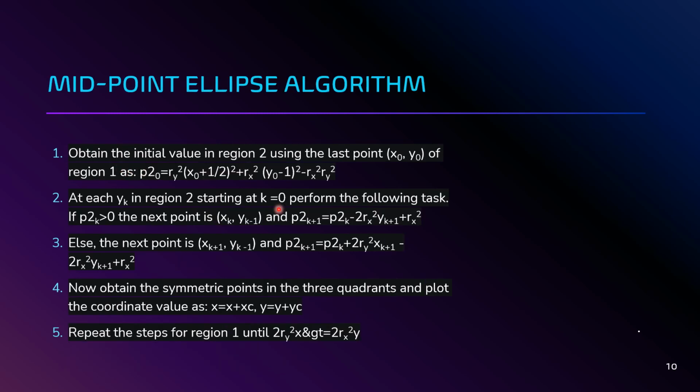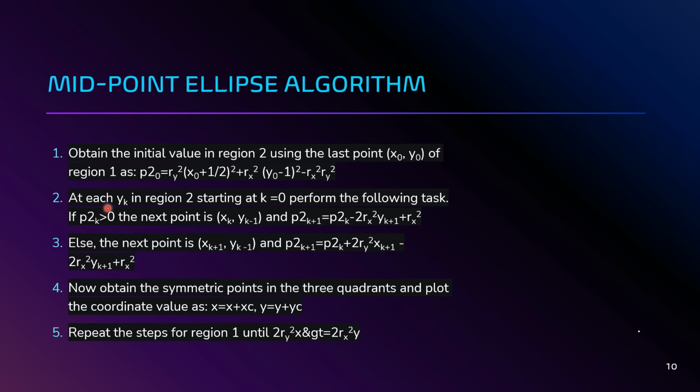Next, obtain the initial value in region 2 using the last point (x0, y0) of region 1, as p20 is equal to this value.